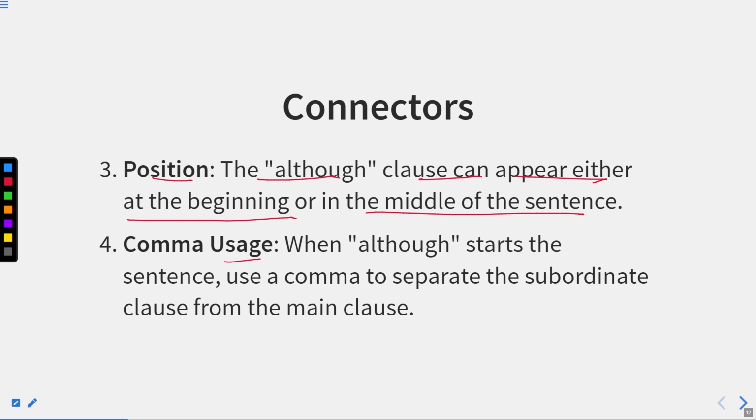Comma usage: when although starts the sentence, use a comma to separate the subordinate clause from the main clause. And I also told you that if you don't want to use that comma, you can use the word yet.